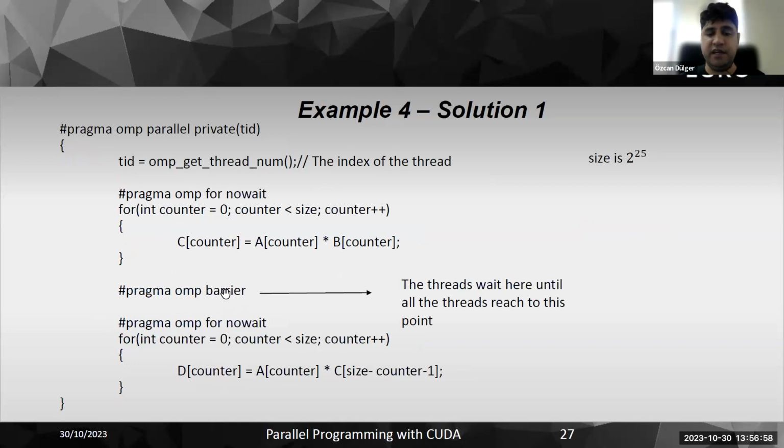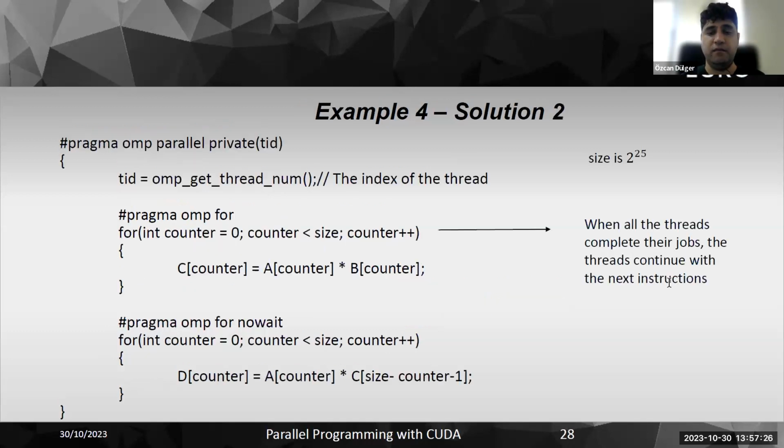We can write a barrier here, so all of the threads wait here until the remaining ones complete their job in the for loop. When all the threads reach this point, the threads continue with the next instructions here. So we can ensure stable results with this approach.